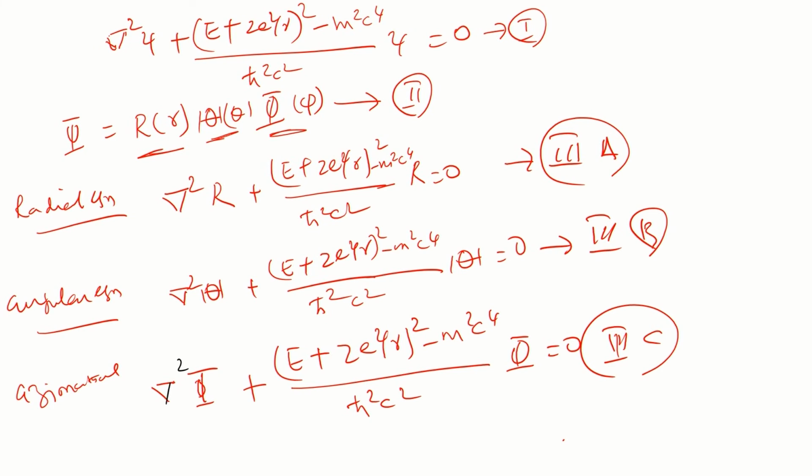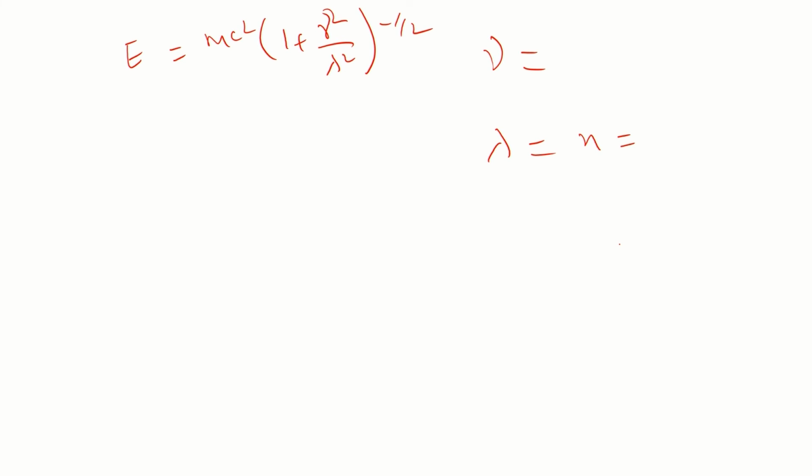All these equations have to be solved independently and the solutions have to be merged, so that we have the final equation for energy as E equal to mc square into 1 plus nu square by lambda square whole power minus half, where nu is a constant, lambda is another constant, and lambda is mostly called n, which is equal to n dash plus s plus 1, where n dash we call the radial quantum number.